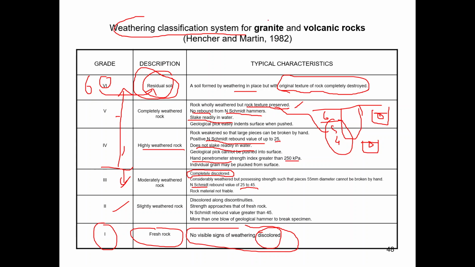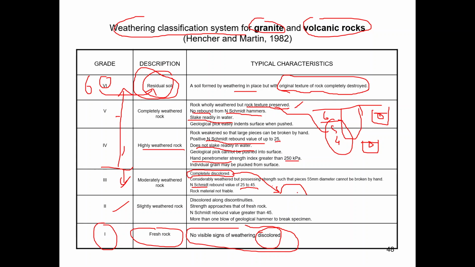This classification is only valid for granite and volcanic rock, not for sedimentary rock. We have a different one for sedimentary rock. So this is only for igneous rocks. For example, granite is light gray in color. If they say completely discolored, it means it has turned brown or yellow.